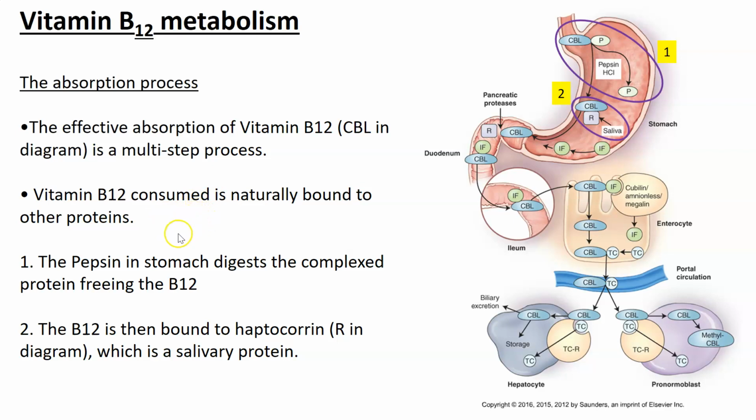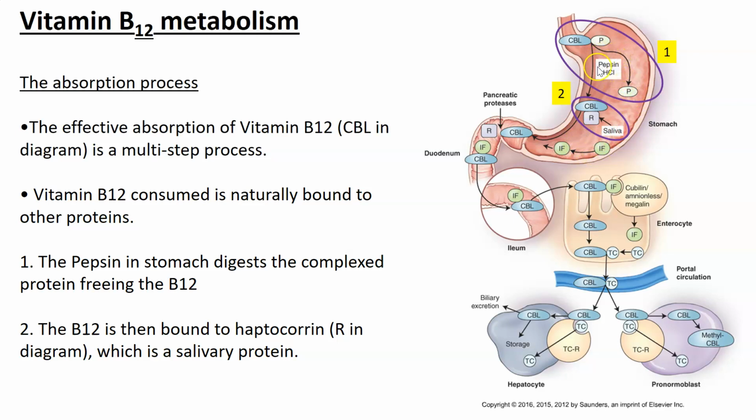In order to do that, once the vitamin B12 enters the stomach, your stomach not only releases hydrochloric acid, but it also releases an enzyme called pepsin.